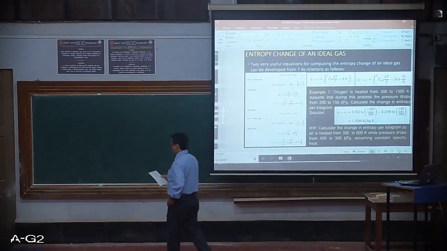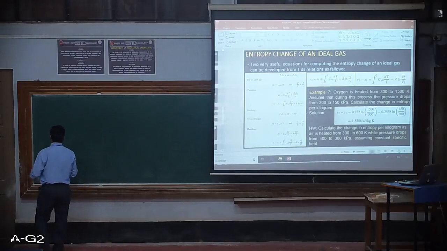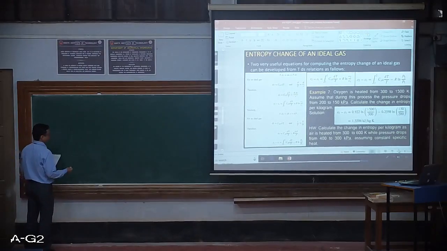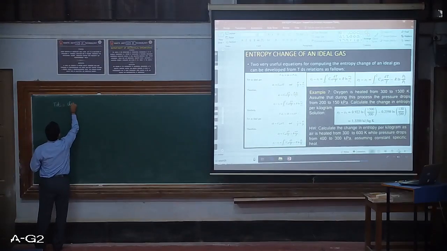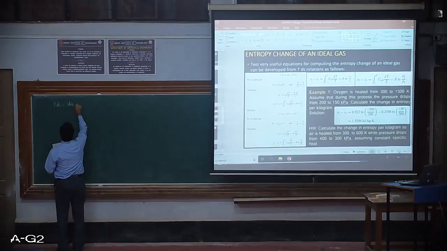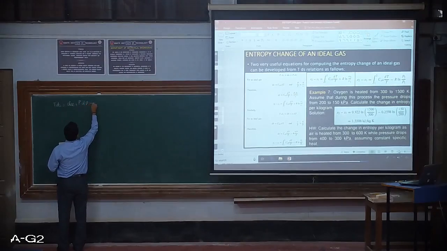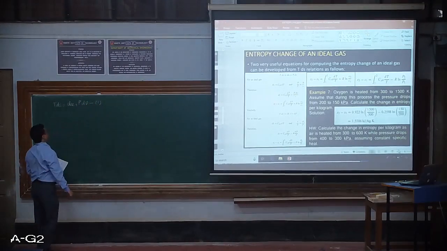That TDS relation on specific basis, that is per kg basis, I will be writing here TDS is equal to du plus PdV. Let this be equation 1.